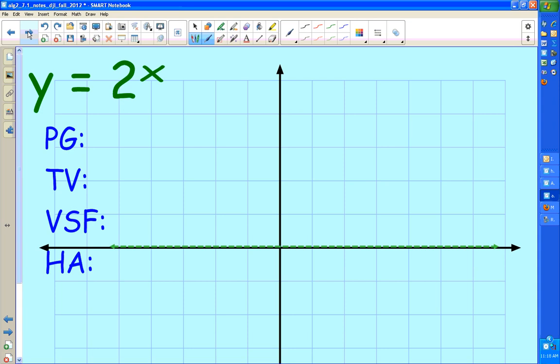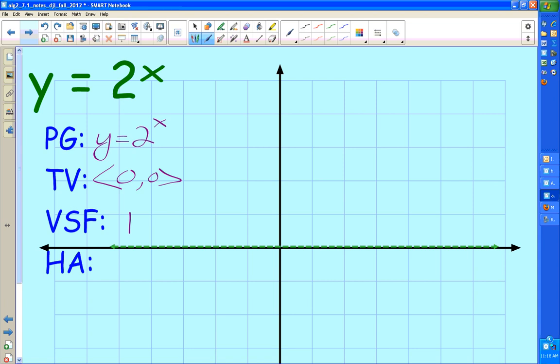So if you have something like y equals 2 to the x, we make our list. Nelson, what's the parent graph? It's not y equals b to the x. We want to be very specific. So in this case, it's going to be y equals, literally, 2 to the x. There's no translating, and there's no vertical stretch.